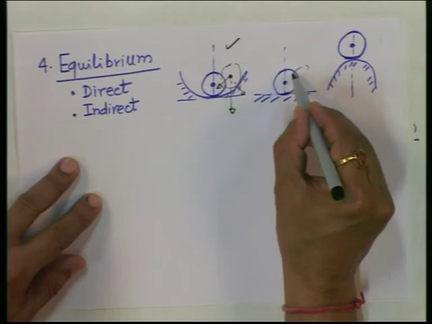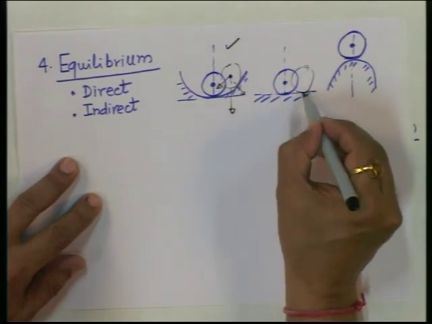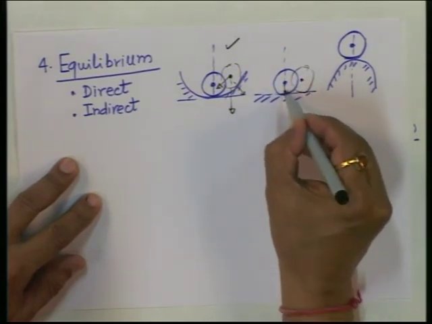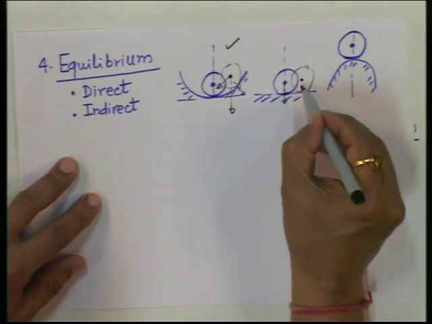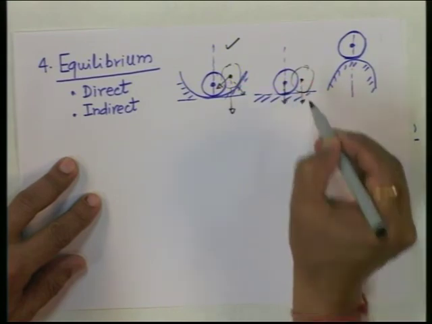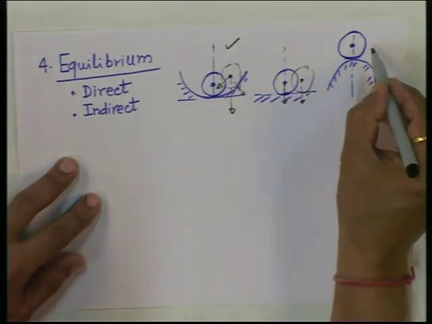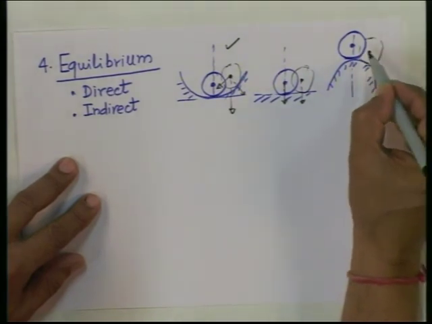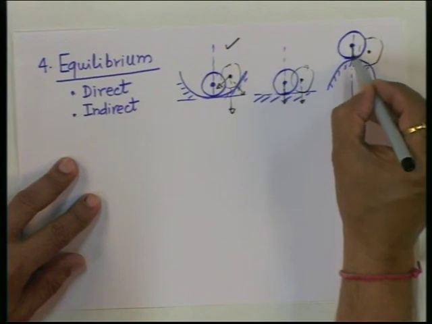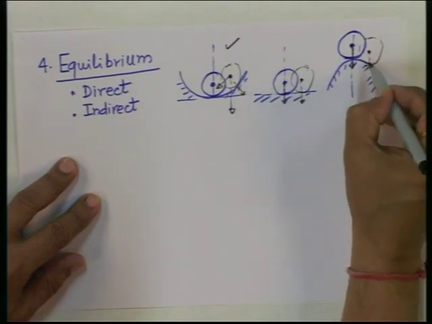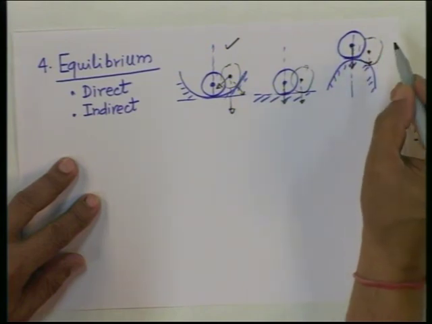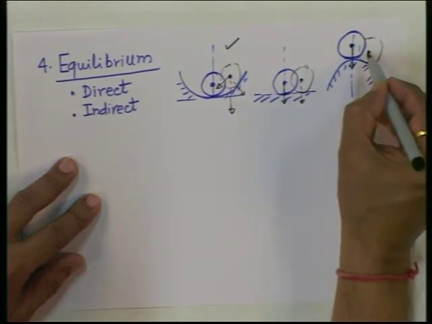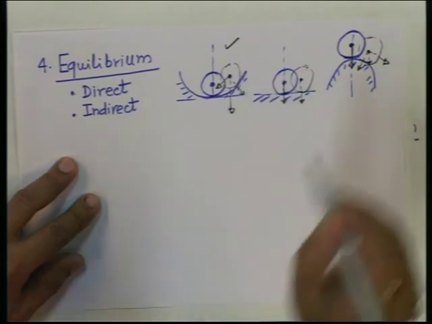Now, here when this moves to a new position, well, here also it is the same. Here when it moves to an adjoining state, you have one component here and you have one component here.